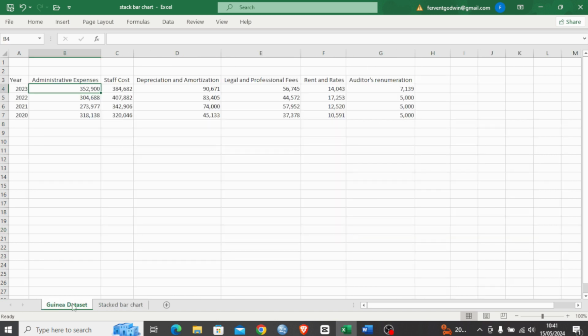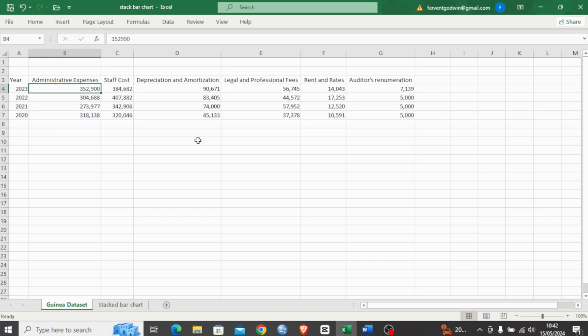Here in the data set, we have the administrative expenses, the staff costs, depreciation and amortization, legal and professional fees, rental and rates, and then auditors remuneration.